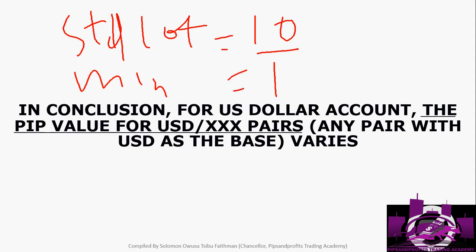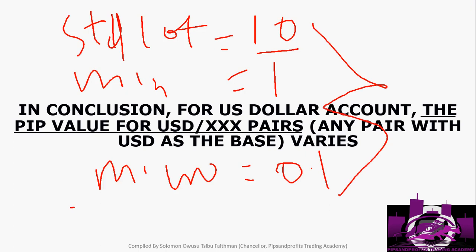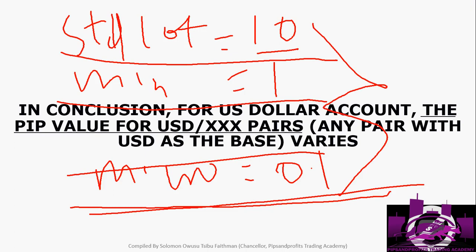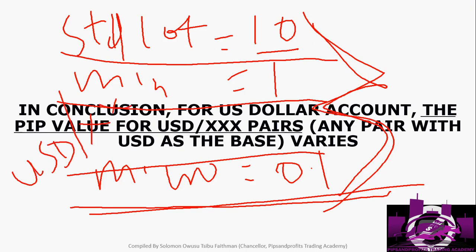And then they will tell you micro lot is 0.1. Please, these calculations you see over here are not correct. If anybody asks you, tell them that the Chancellor of Pips and Profit Trading Academy is saying that the values over here are different for USD paired with any other pair.